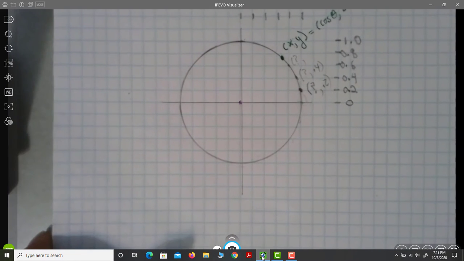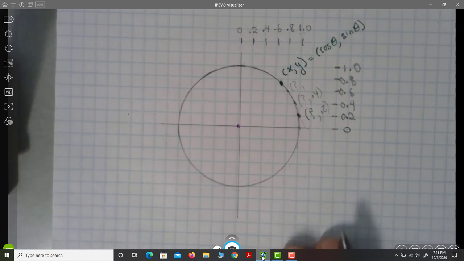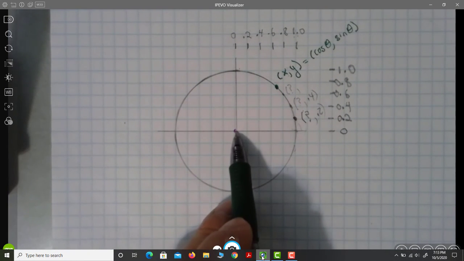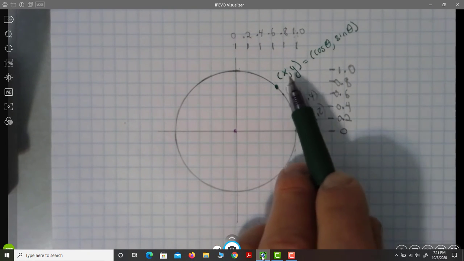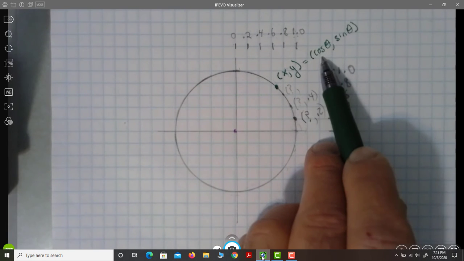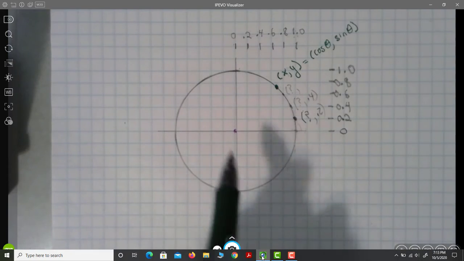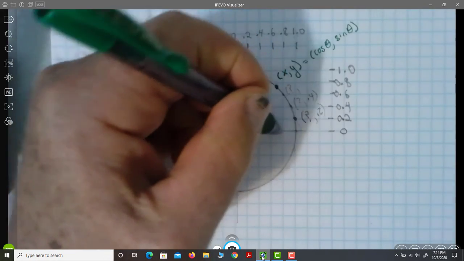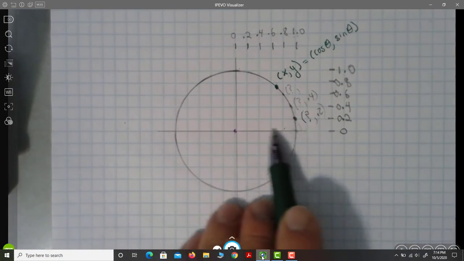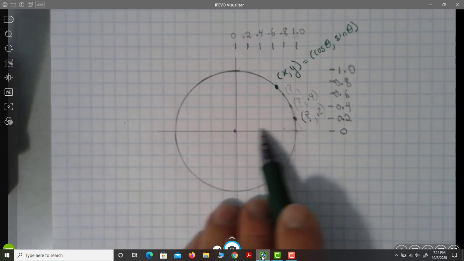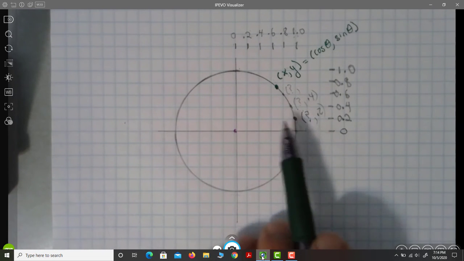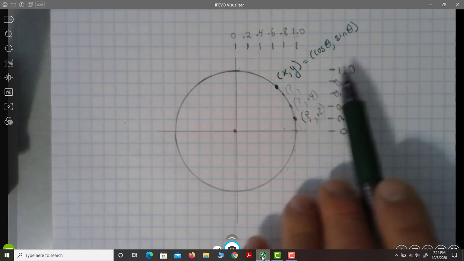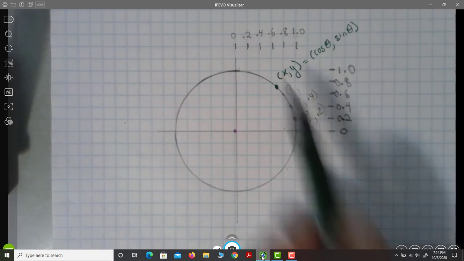If we have a unit circle, so that means a circle centered at the origin with radius of 1, and therefore every point x, y on the circle, the x coordinate will be the cosine of theta, y coordinate is the sine of theta, where theta is this angle here in standard position. So theta would be this angle in here, and we can see that x and y take on those values.